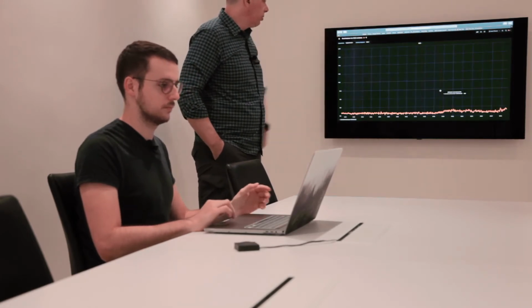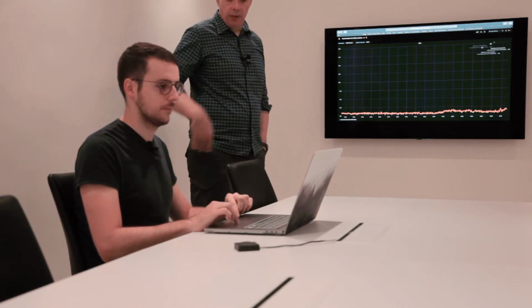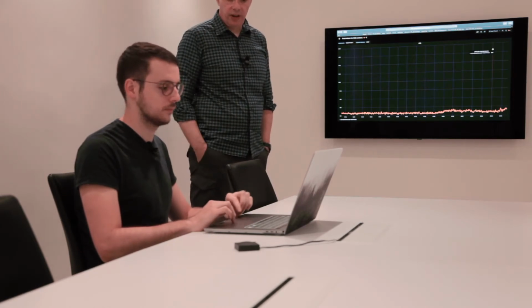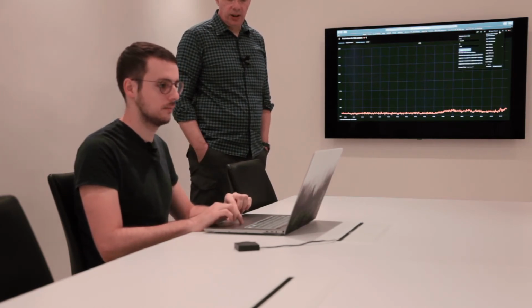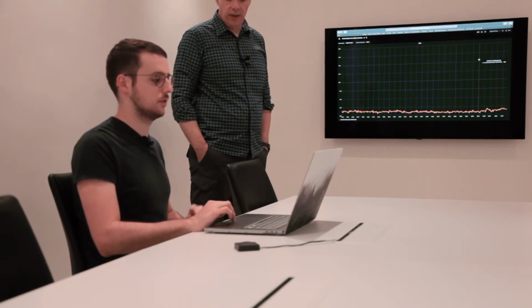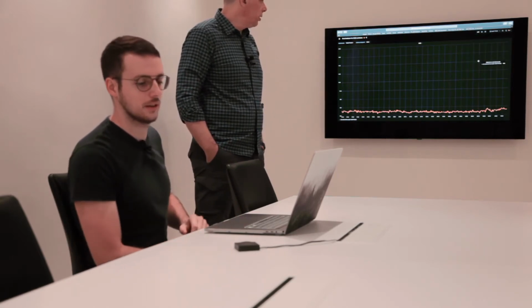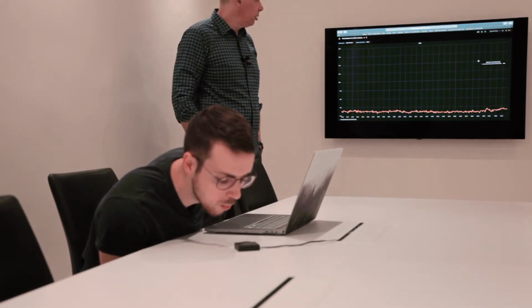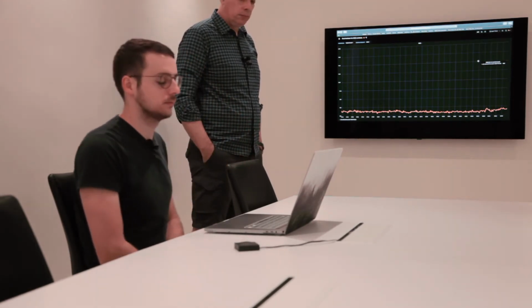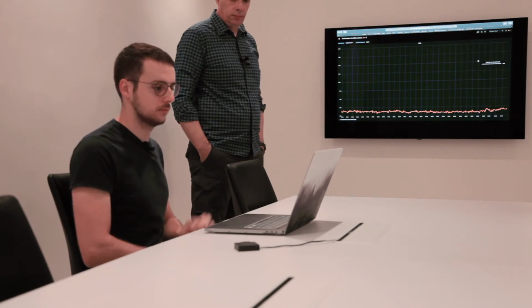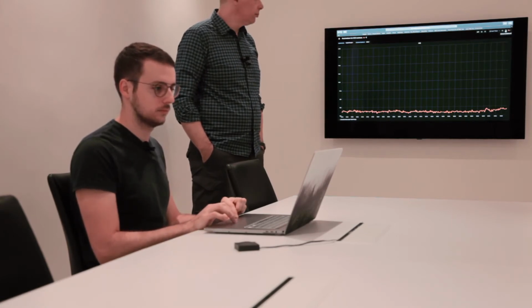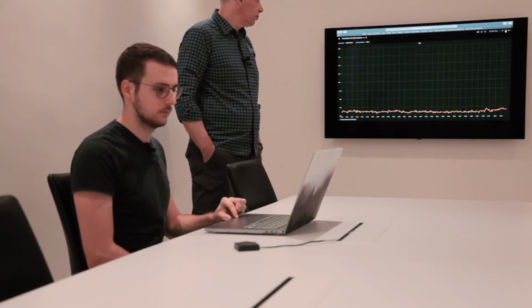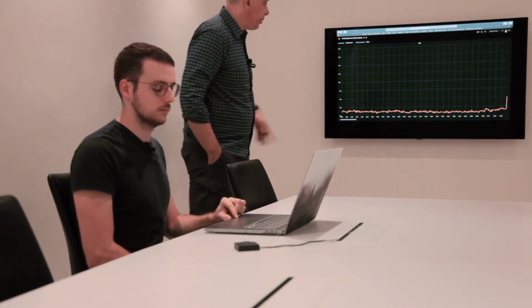We see here all values. And he will blow on the sensor. Yeah, and we should see the... I just changed the scale, sorry. And here we are. We have the CO2 scale.